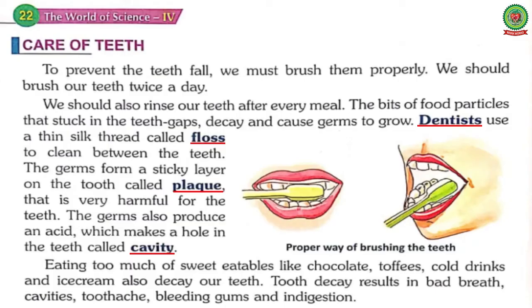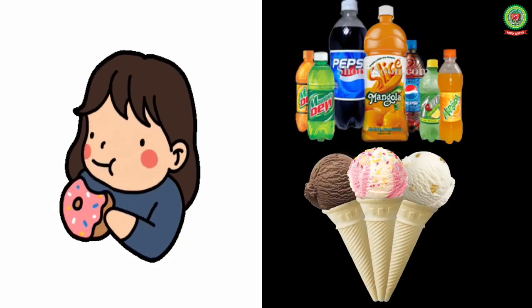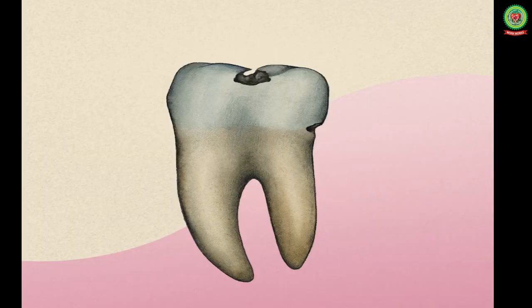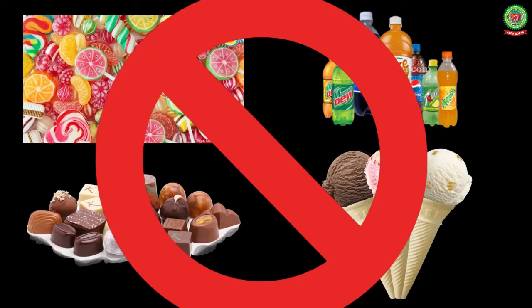So eating too much of sweet eatables like chocolates, toffees, cold drinks and ice creams also decays our teeth. So, in order to prevent the tooth decay, we should avoid to eat excess of sweet eatables.